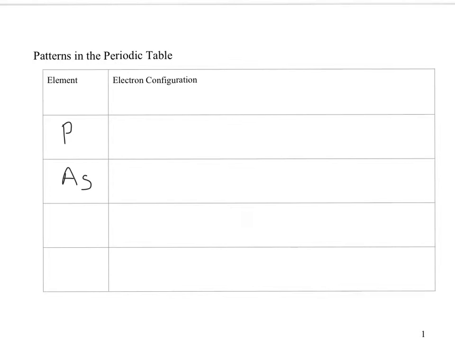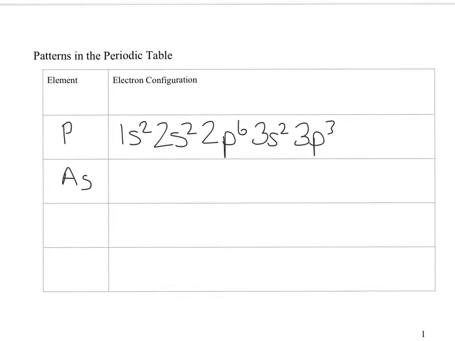All right, so your electron configuration for phosphorus should be 1s2, 2s2, 2p6, 3s2, 3p3.